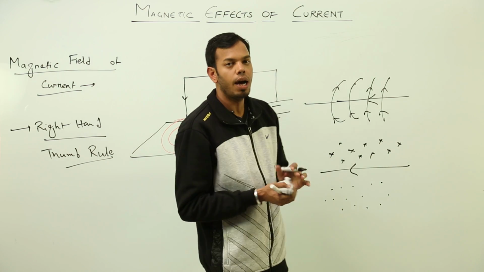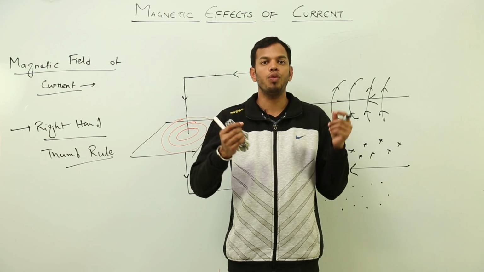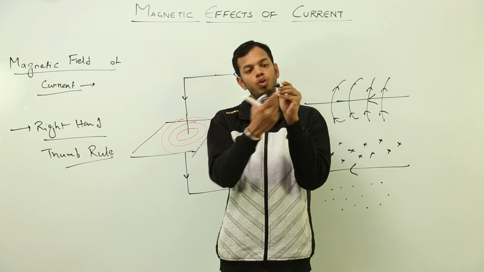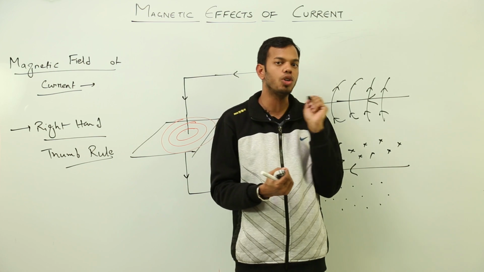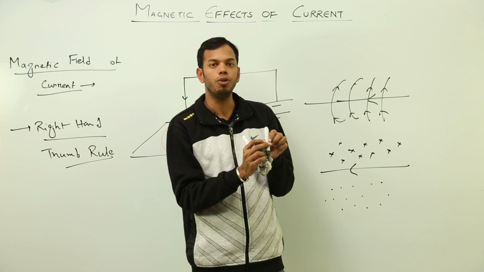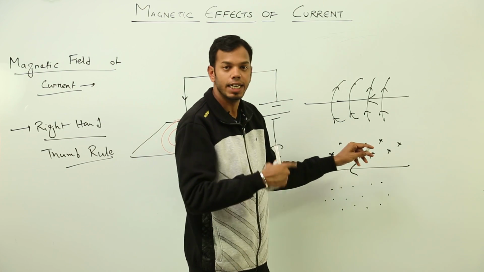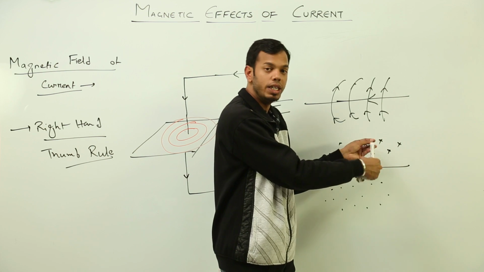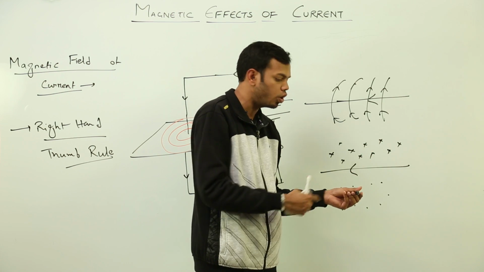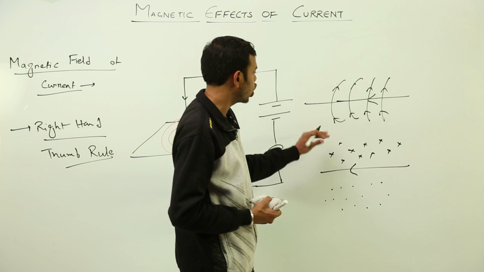When you see an arrow which you fire, if the arrow is coming towards you, you will see only the circular portion, which is like a dot. But if you see an arrow which is going away from you, you will see the cross behind it, right? So when something is entering the surface, you will be able to see a cross, and when it is emerging out, you will be able to see dots. So that is why the magnetic field is represented in terms of dots and crosses.